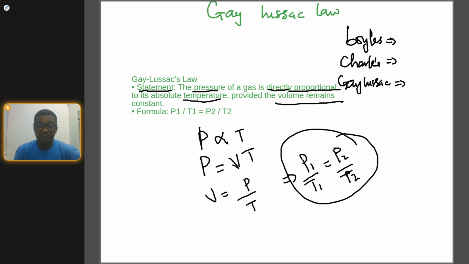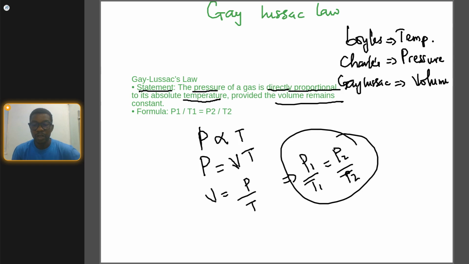In Gay-Lussac's law, volume is constant, while in Charles' law, the pressure is constant. And in Boyle's law, the temperature is constant.